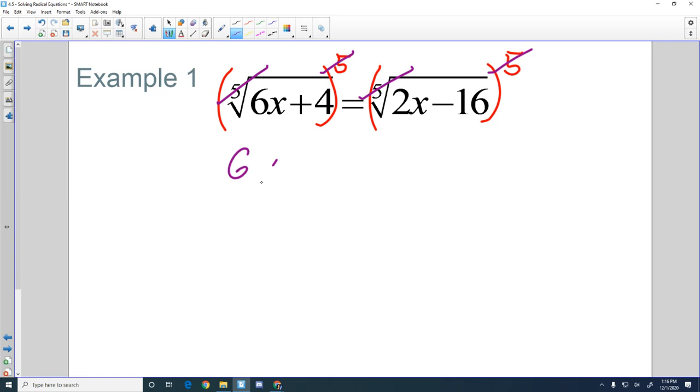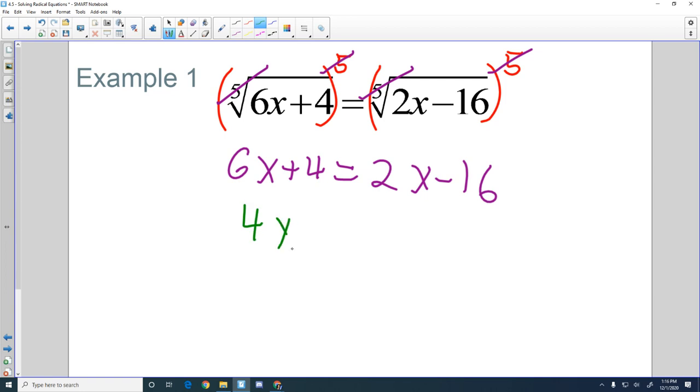And we're left with a pretty straightforward, algebra 1 problem. Here we're just going to solve for x. I can subtract 2x from both sides to get a 4x over here. I can subtract 4 from both sides to get a negative 20 over there. Then just divide by 4. Did anybody get x equal to negative 5?